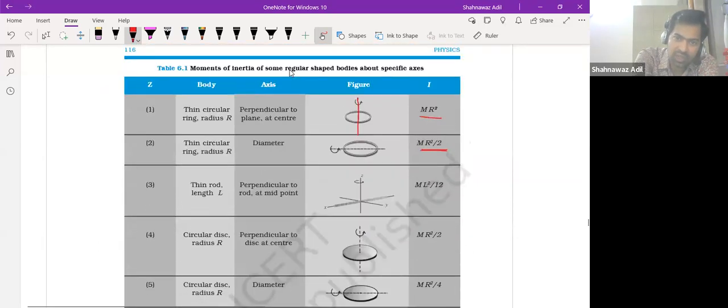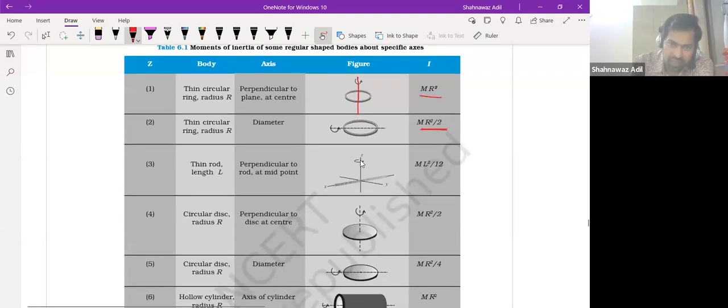For the case of the rod, the axis of rotation is through the center of the rod, and we are rotating this rod in the xy plane. Then the inertia is ml square by 12. For this disk, it is mr square by 2, which is the same as the diametrical one.